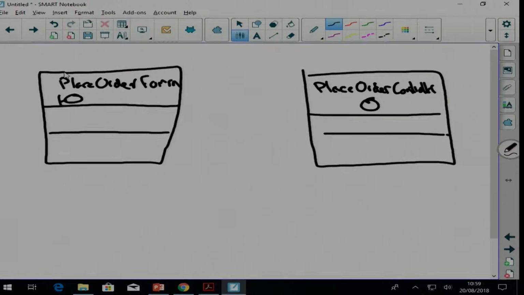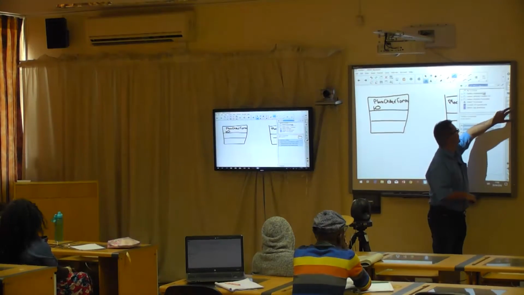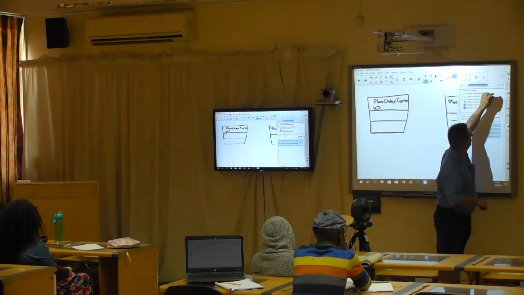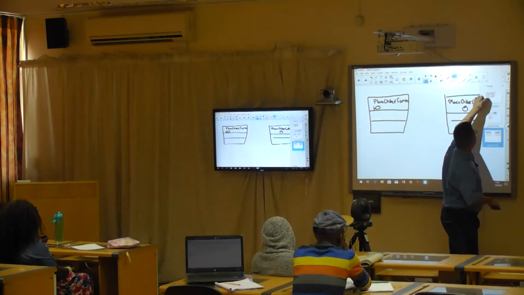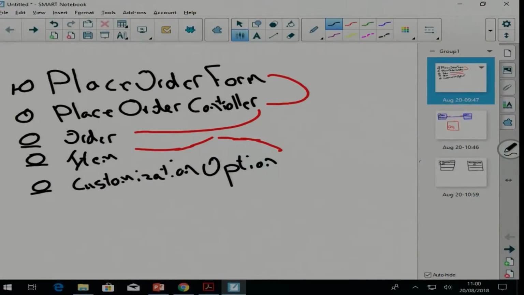If we had to look at that relationship, we mentioned earlier on that there is a relationship between the place order form and the controller. We've mentioned that. But what is the relationship?